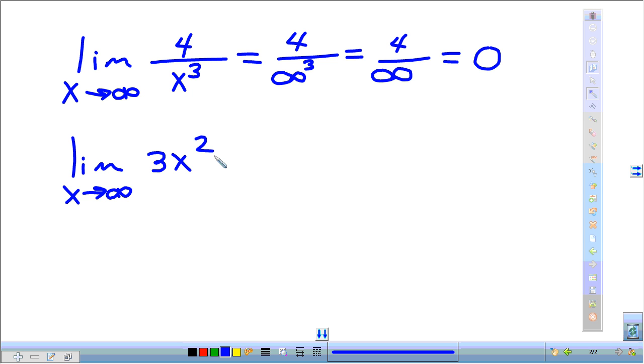Or something like 3x squared. If we substitute infinities, 3 infinity squared, well, infinity squared is infinity, 3 of those is still infinity.